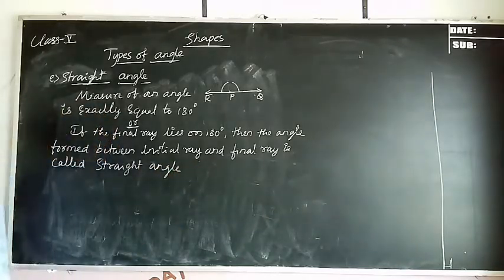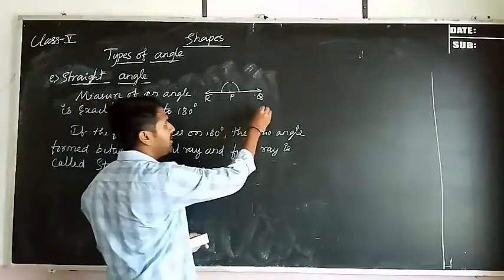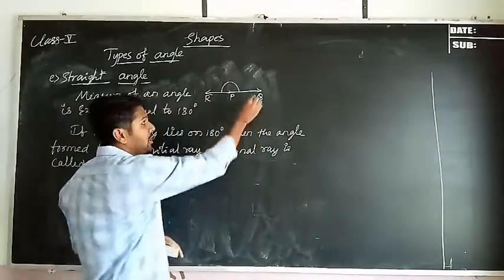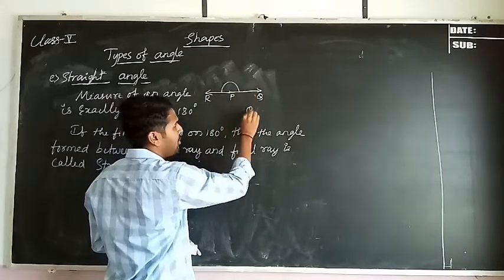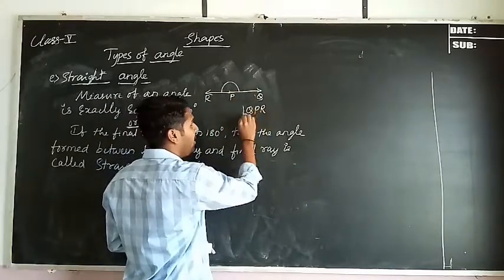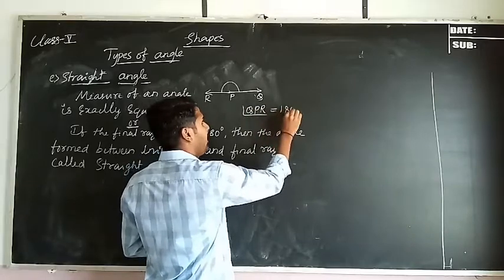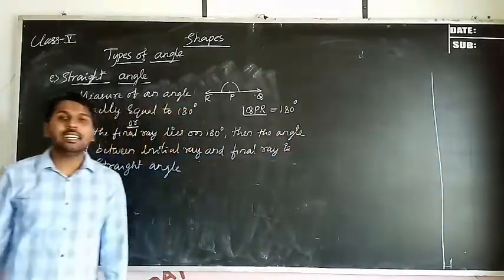So how to write this one? Q P R or R P Q, both are the same. Q P R equals 180 degree. So this is a straight angle.